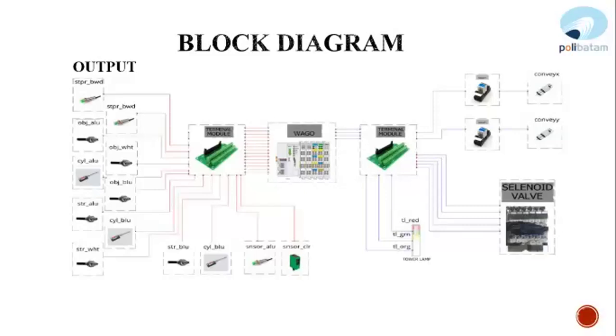This machine uses power solenoid of 24 volt, and the machine uses sensors of 24 volt, and the lamp is 24 volt. All connect to Wago. Next.